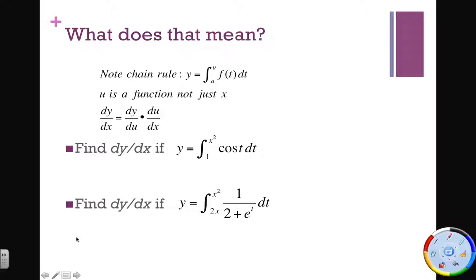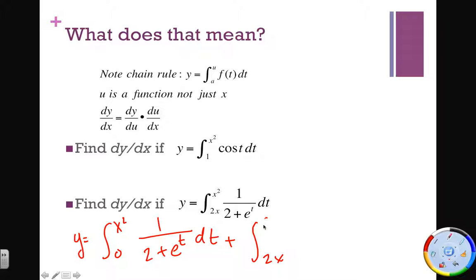So I can say y is actually equal to the integral from, I don't know, let's go 0 to x squared, plus the integral, and you guys might remember these integral rules that we had, from 2x to 0 of 1 over 2 plus e to the t dt.